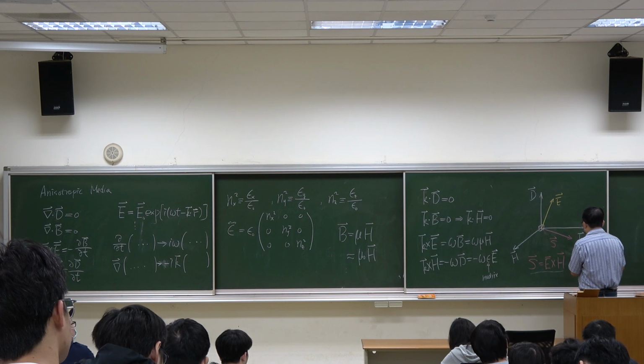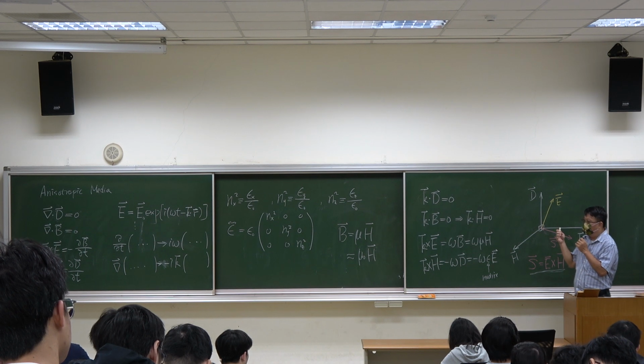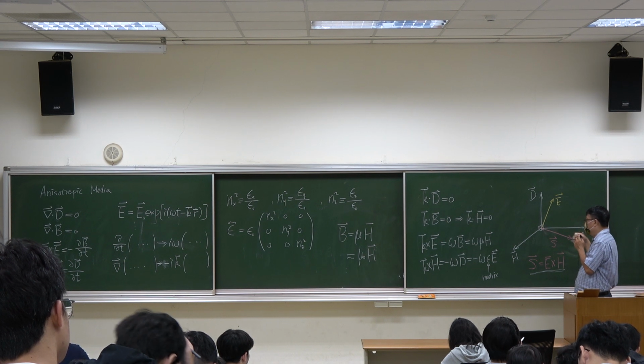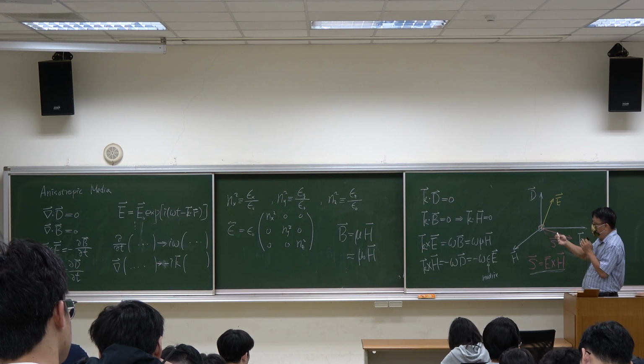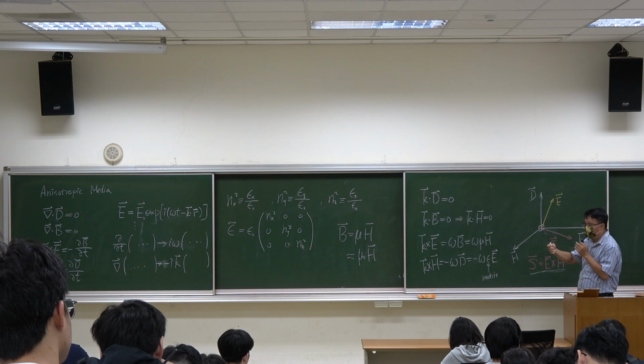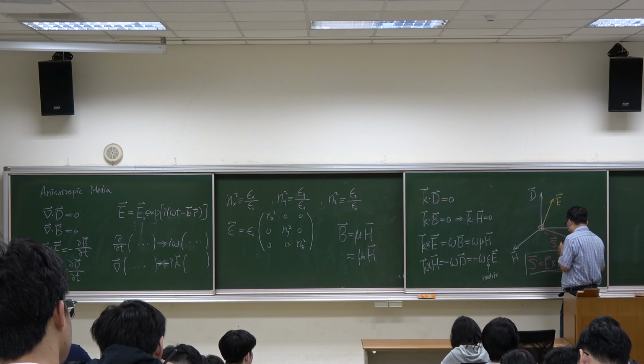Okay, so the Poynting vector means energy current density, energy per unit time per unit area. Its direction is determined by this.